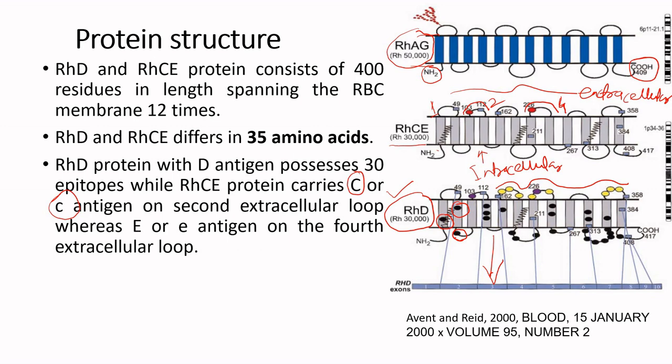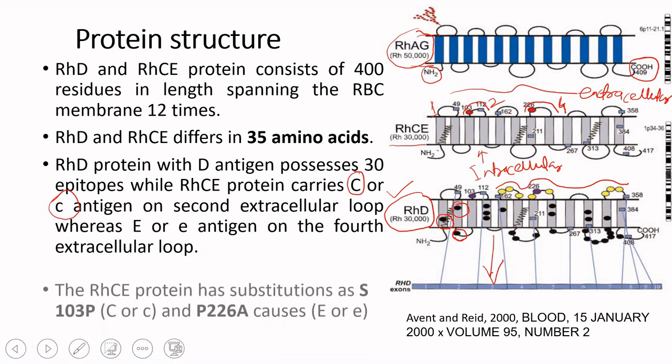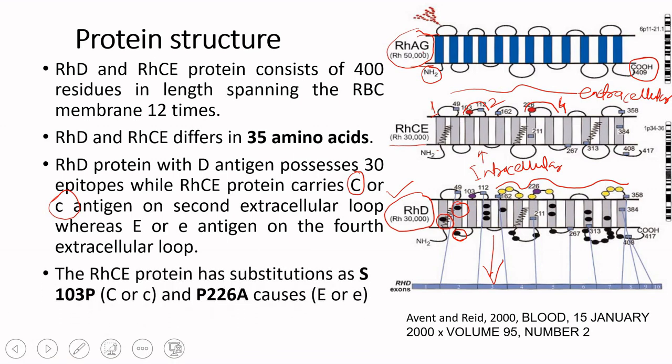So you are observing the difference between capital C, small c and capital E, small e in comparison with the RHD antigen. Whereas RHAG also has 12 different loops of the transmembrane protein.